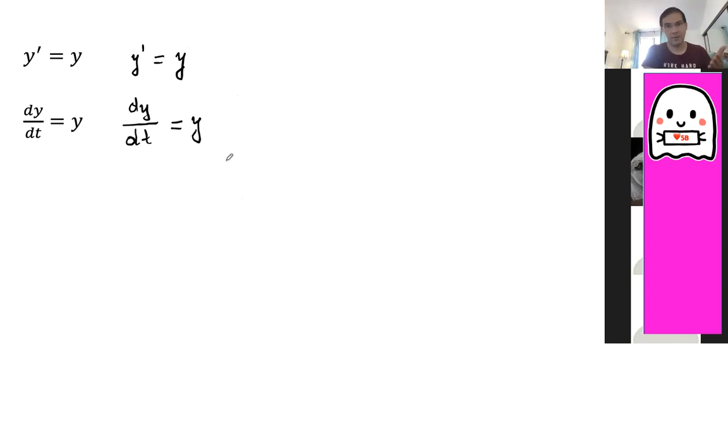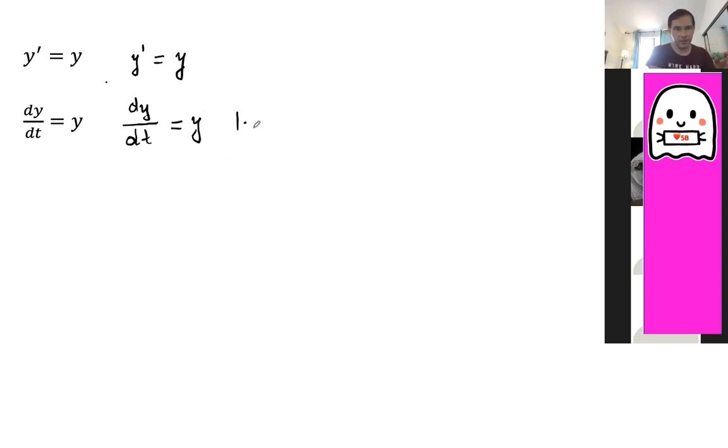Because it's separable, first of all, let me show you how to solve this just the usual way. Let's multiply both sides of this equation, and by multiply I mean multiply formally, because dy over dt is a symbol rather than a number. But we can think of this as formal multiplication.